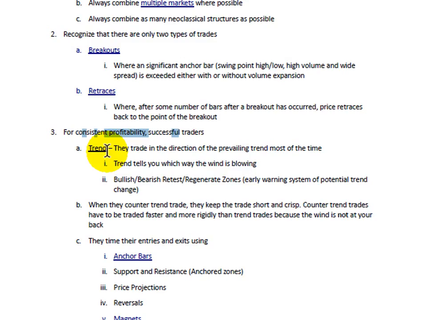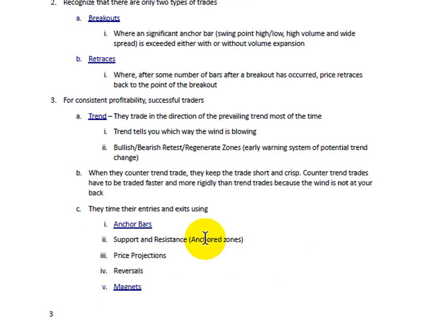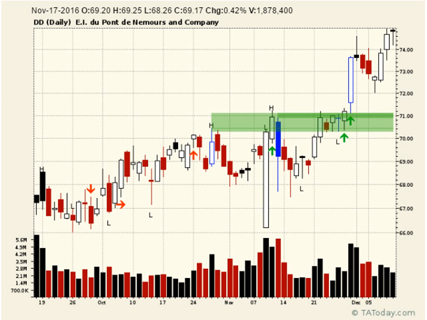The other piece of it is trend, of course, and we've already talked about it. So as we think about trend, typically you want to trade in the direction of the trend. In this case, for example, we have a very strong trend that's taking place, and that can be seen here with the vertical angle of ascent that we see.